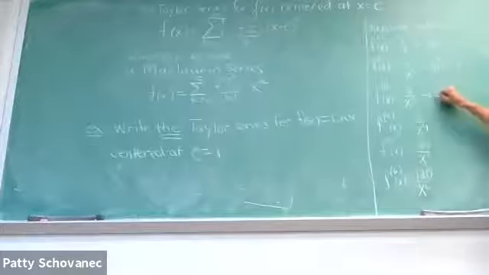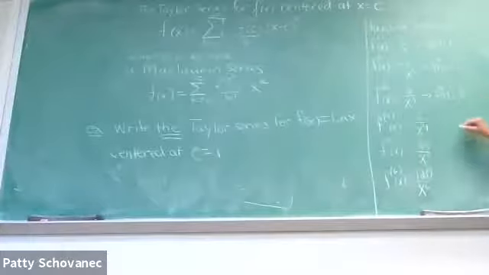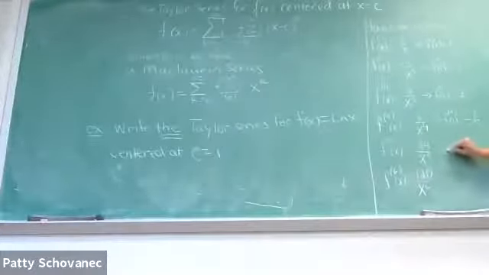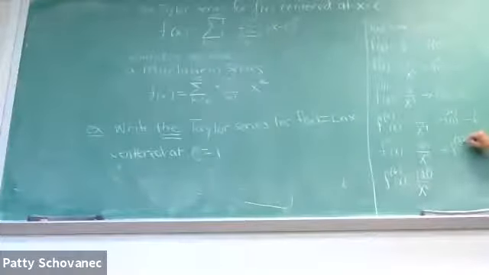F triple prime at 1 is 2. The fourth derivative at 1 is negative 6. The fifth derivative at 1 is positive 24. And the sixth derivative at 1 is negative 120.